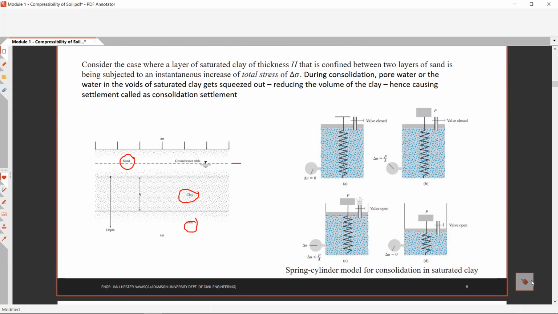Ibig sabihin saturated itong sand, yung clay, then yung sand din sa ilalim. It is being subjected to an instantaneous increase of total stress, delta sigma. May change in stress dun sa taas, maybe due to backfilling or the weight of the building structure. So that is the total stress at the top.